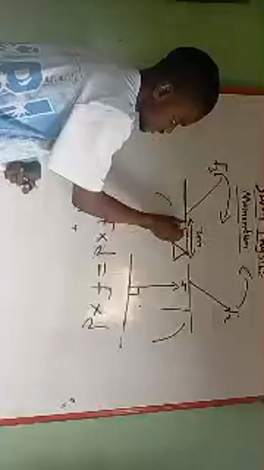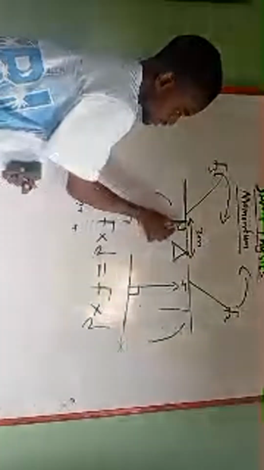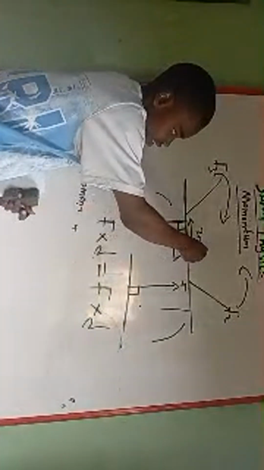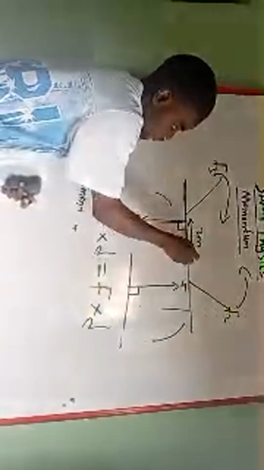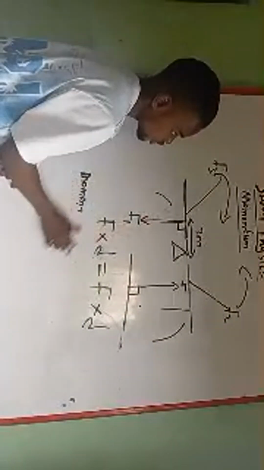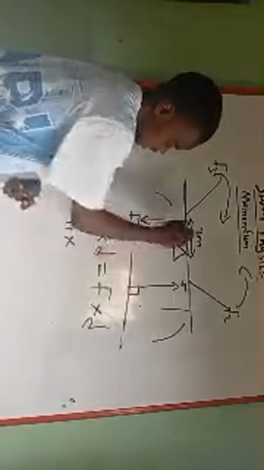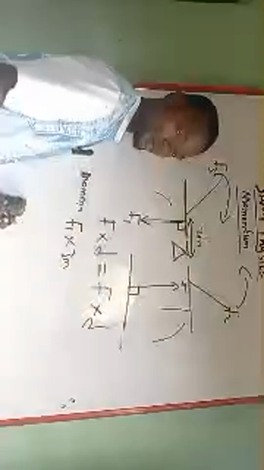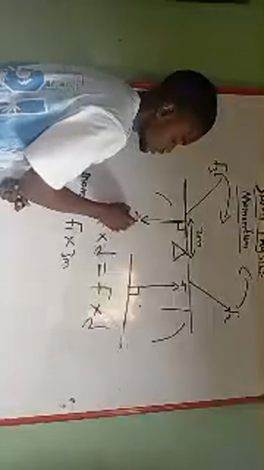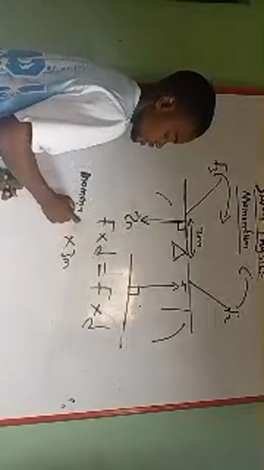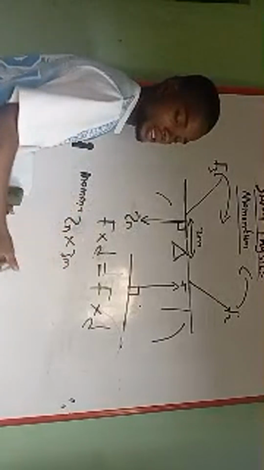The perpendicular distance must go to where the edge is, or where the meter rule balances. So we take it from here. So we now have F1 multiplied by 3 meters. Assuming we are given the value of the force, maybe 2 Newton, it will now become 2 Newton multiplied by 3, and equals to.